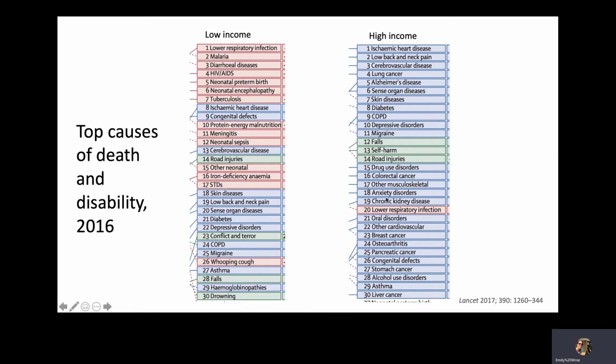So you can see a lot more blue over here, which doesn't mean that people here aren't at risk for the blue, but it does mean that there still is a lot of burden from infections, malaria, diarrheal diseases, tuberculosis, HIV, and a lot of malnutrition contributing to the top causes of death and disability. So this is just to say it's important to think about what population and what setting we are thinking about.